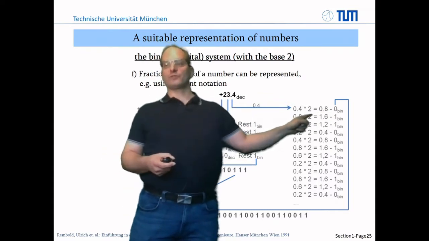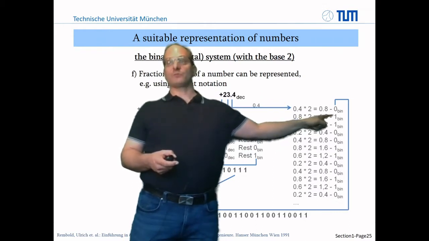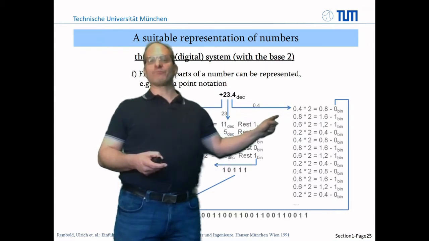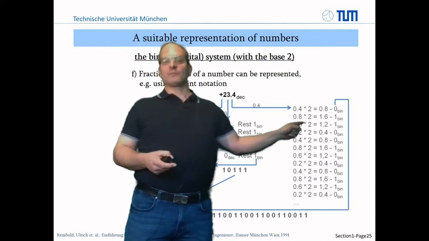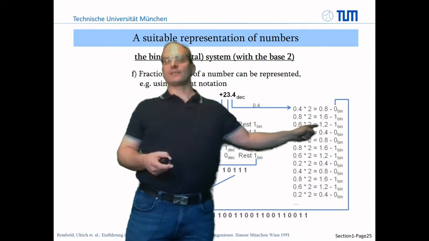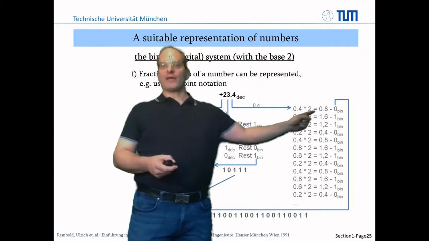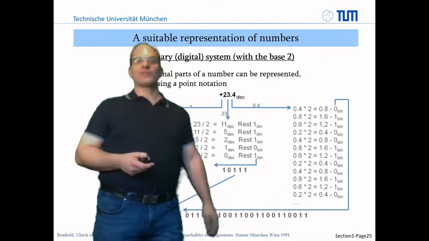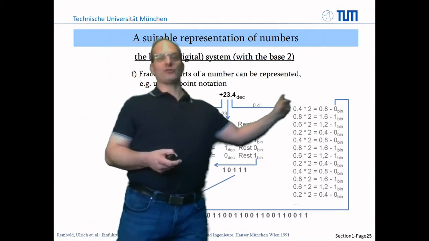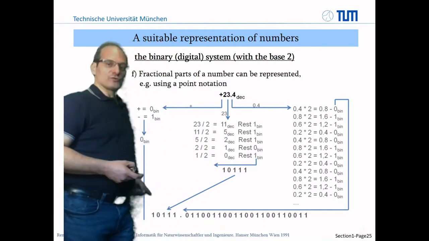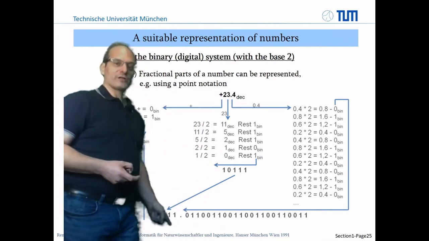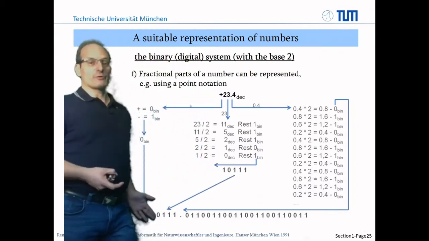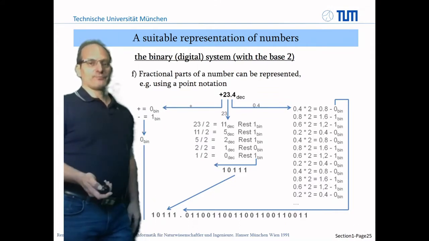Then we have 0.8 times 2 is 1.6. And from 1.6 we have to subtract 1. And then we have to use 0.6 times 2, which is 1.2, and again a subtraction of 1. And therefore, if we read it in this way, we will get a binary representation for the fractional part. And if we use the sign, the part in front of the dot, and the part behind the dot, we have a first representation of a fractional number.